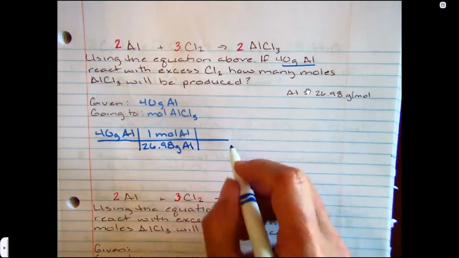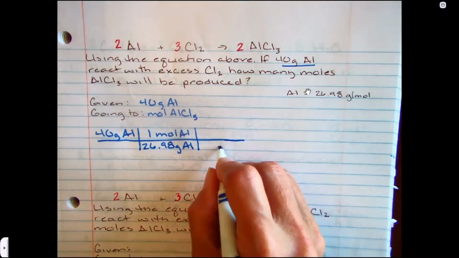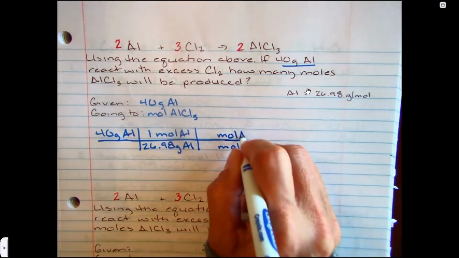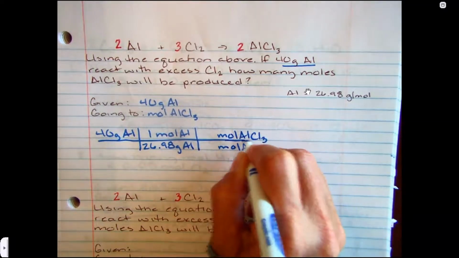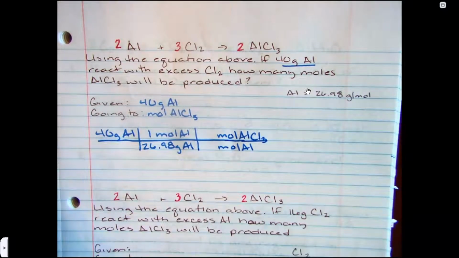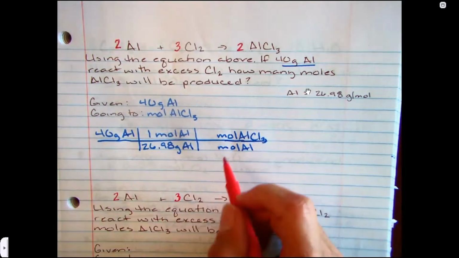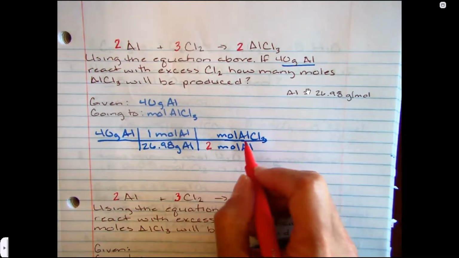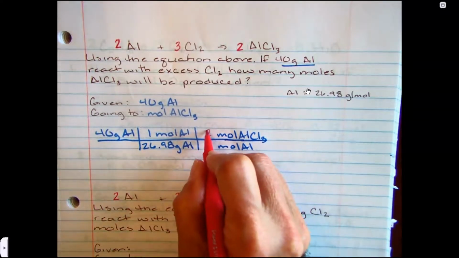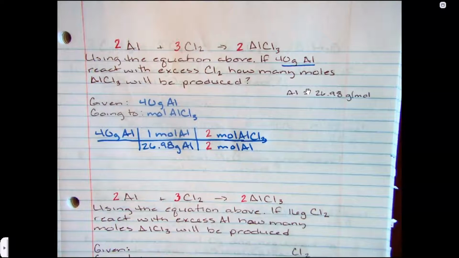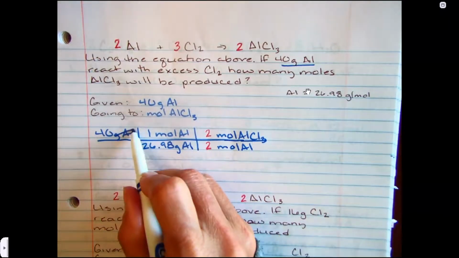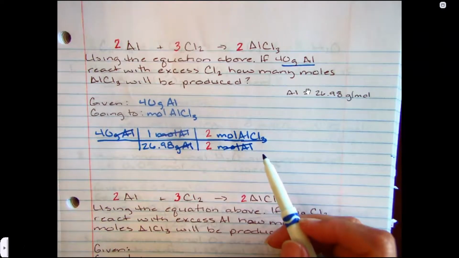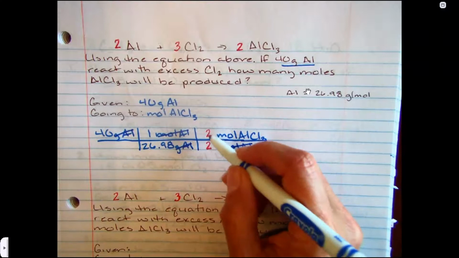Now we go to that mole ratio. Mole Al, mole AlCl3. We go up to our balanced equation. The number in front of Al is 2. And the number of moles of AlCl3 is also 2. So now when we cancel out, we have a couple of choices. Our grams of Al is going to cancel. Our moles of Al is going to cancel. But we also have both of these as 2's. 2 over 2 is the same as 1 over 1.